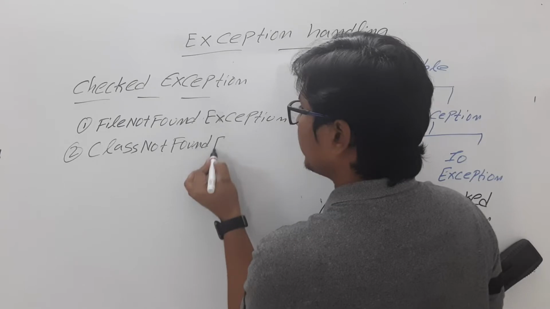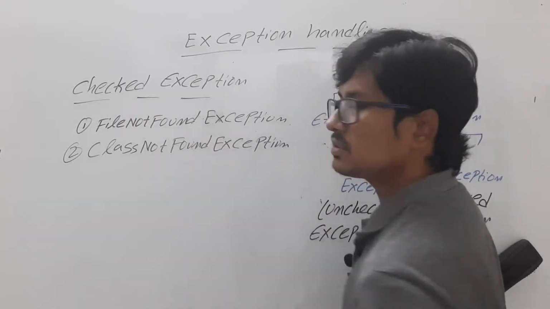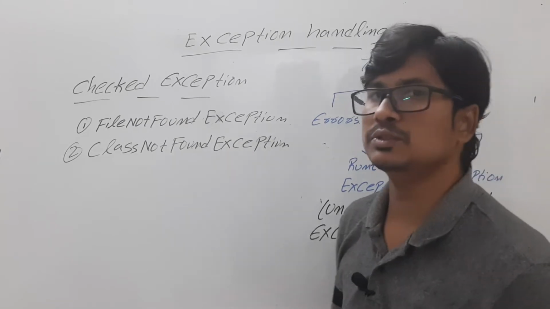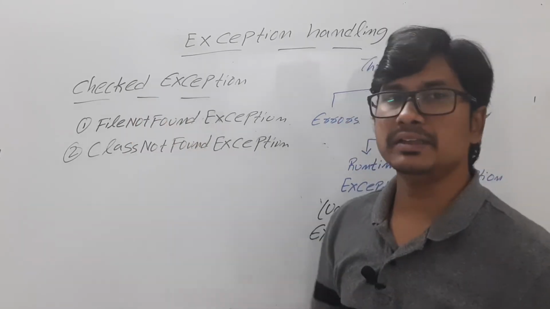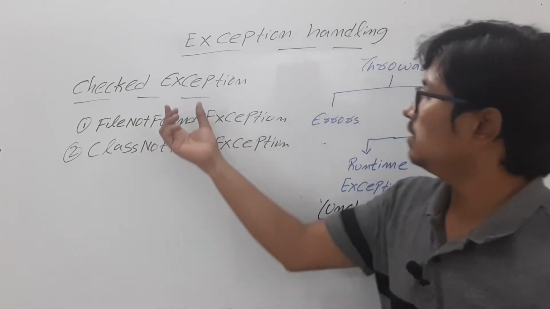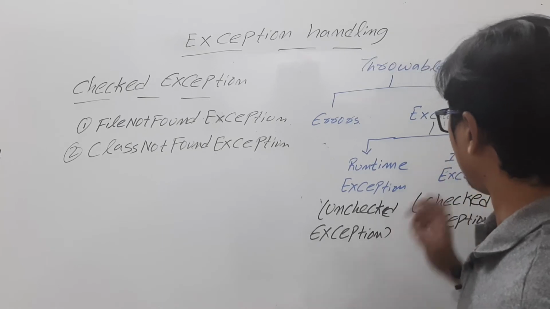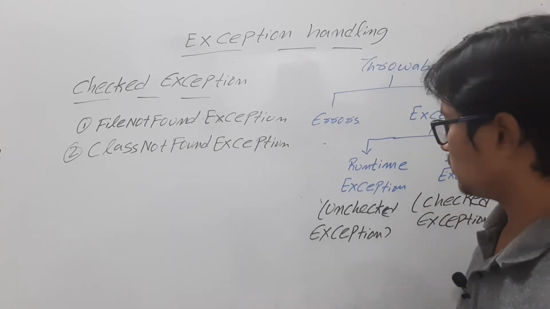All these are examples of checked exceptions. These exceptions will be verified by the compiler. So we'll call them checked exceptions or compile time exceptions, and we can even call them IO exceptions also.